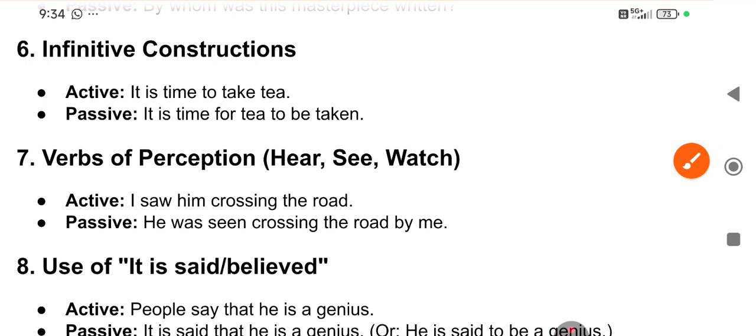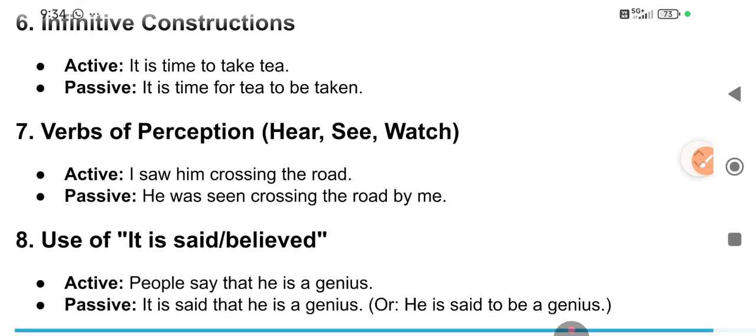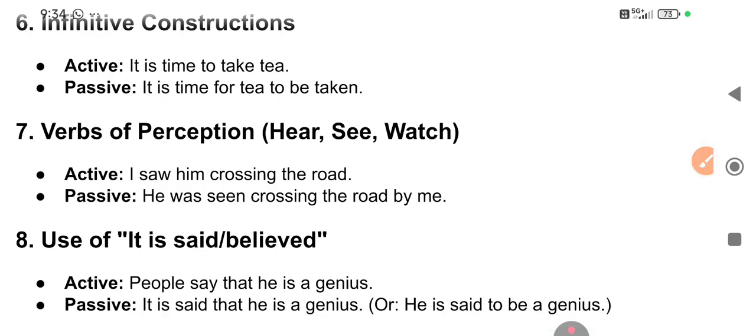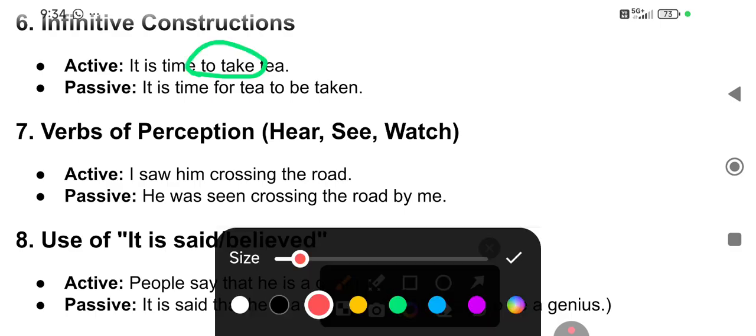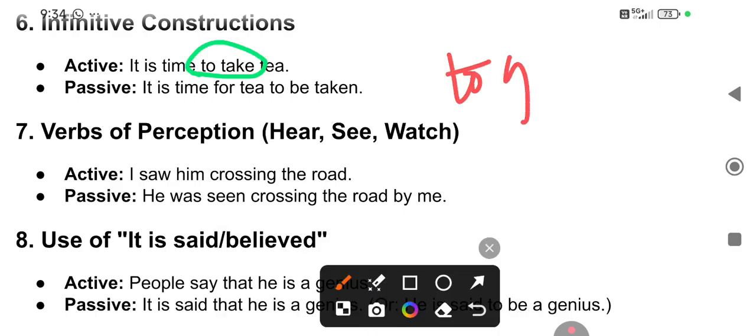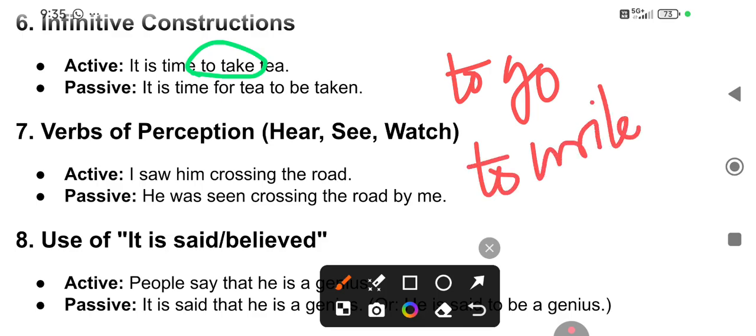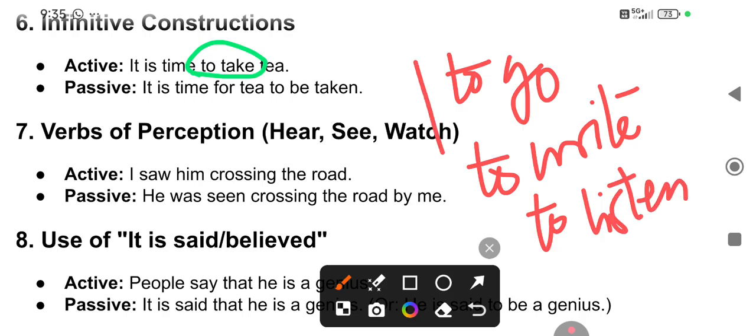Now next is infinitive constructions. It is time to take infinitive and gerundial. To go, to write, to listen are all infinitives.